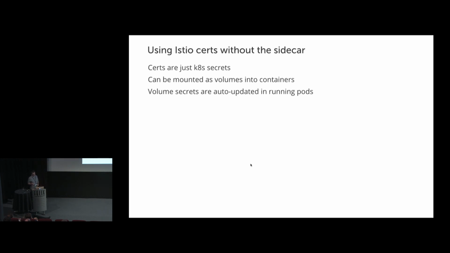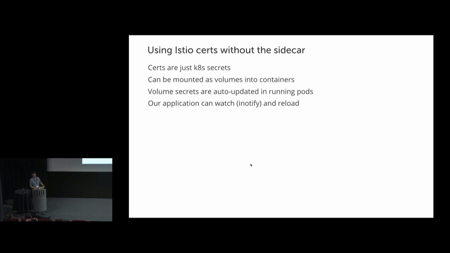This is contrary to popular belief that when you start a container, changes you make to the secrets are not reflected and you have to restart the containers, but secrets are actually updated.